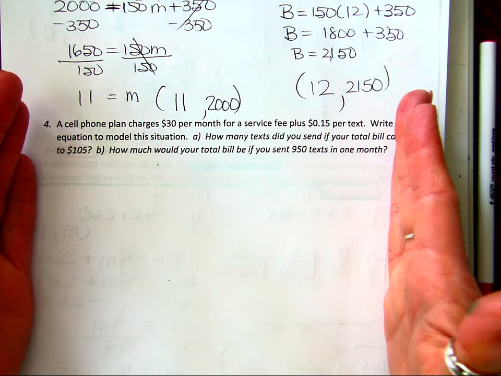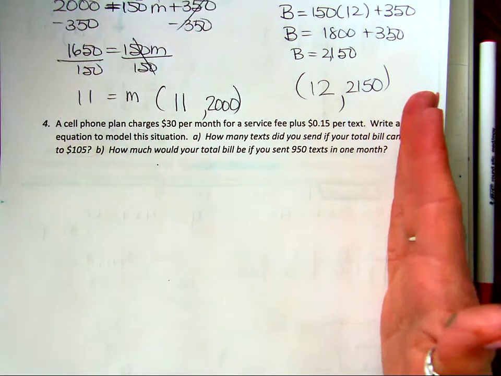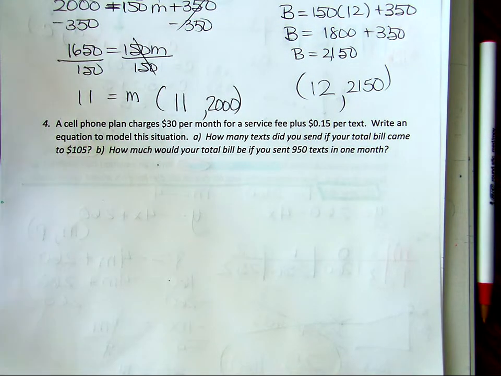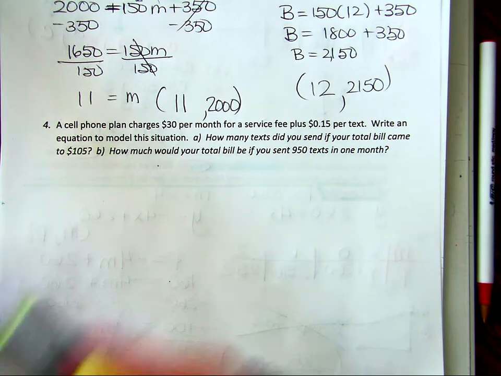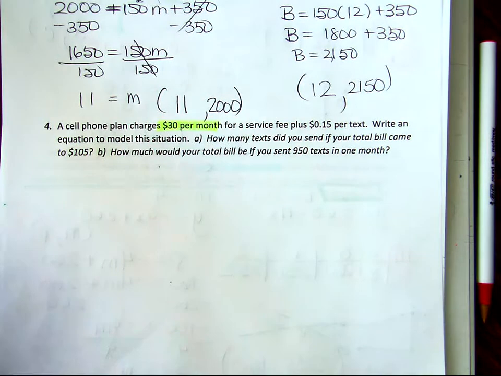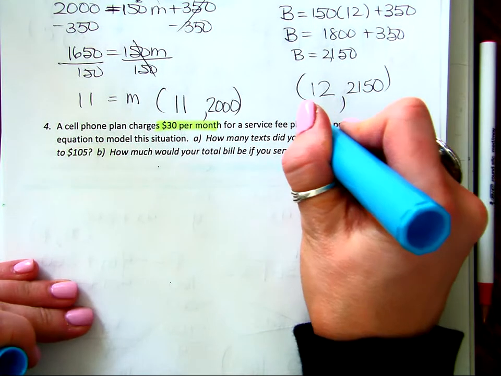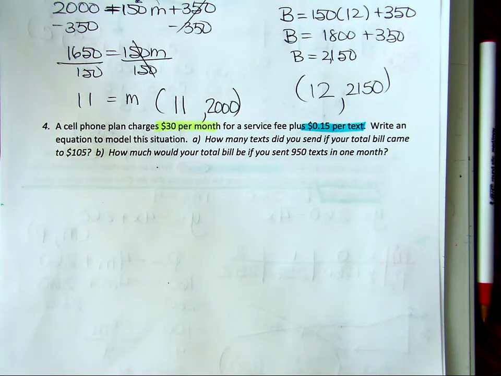I'm never going to ask you how many in 3 months or 5 months. Everything takes place in 1 month. So I'm starting out by paying $30. But this is my rate of change, right? Every time you send a text, whoop, 15 cents.